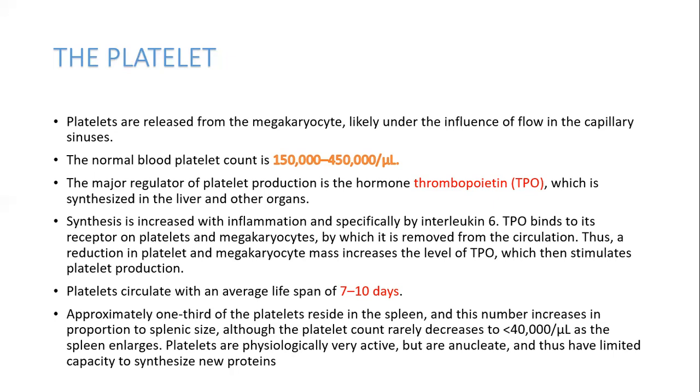Then pancytopenia with hypersplenism is a tricky situation, so that also we'll have to think about properly. And about the categories: reduced production of bone marrow, increased destruction, the gross differentiation of thrombocytopenia.